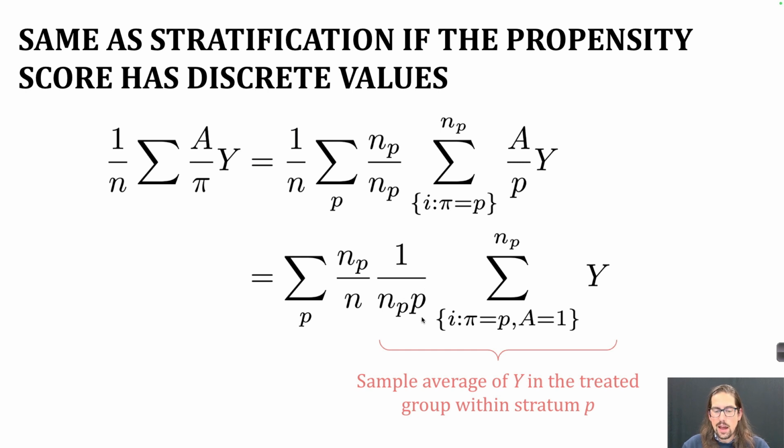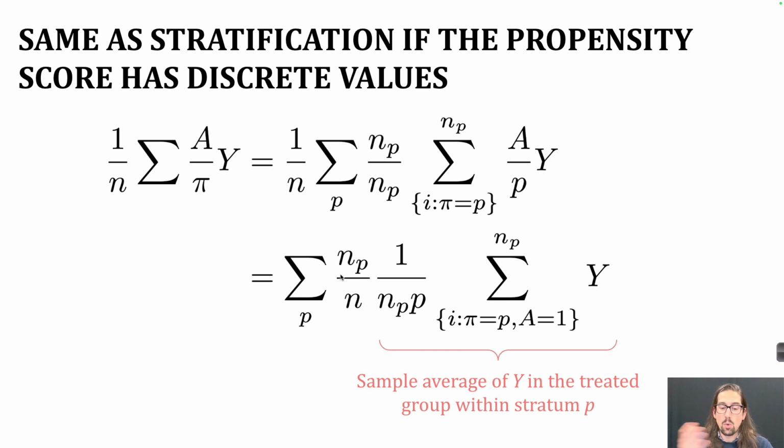And this is how many people are in this group, and this is how many of those have a given treatment. So this is like the total number of people who are in this group with this treatment. And so this thing as a whole is just the sample average outcome of the people who are in this propensity score stratum who are getting treated.